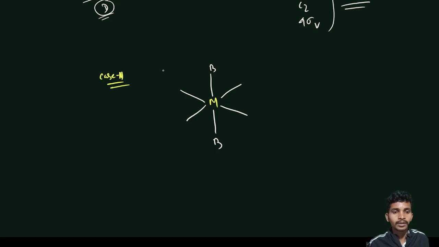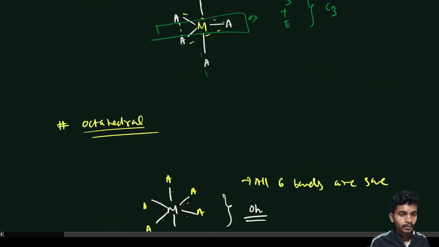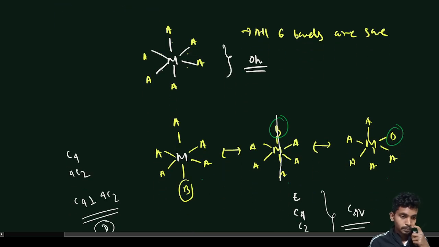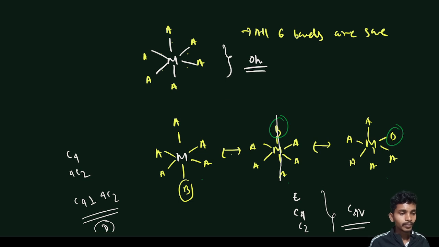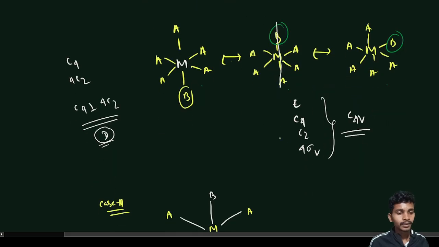So now I will say that this is A and A. So if I replace, one thing is that these are planar. So either this is also fine. And if you apply this, C4 and C2 are in the same direction, that's why D is not present here.